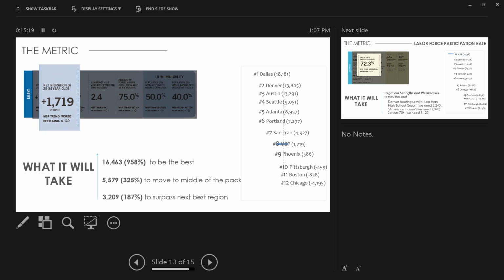This is data as of this past year, so that's 2015 data. Most of it is census data, for example, government sources, and some information like the venture capital data comes from private sources. We try to make sure the data is easy to access so people can double-check it sometimes.